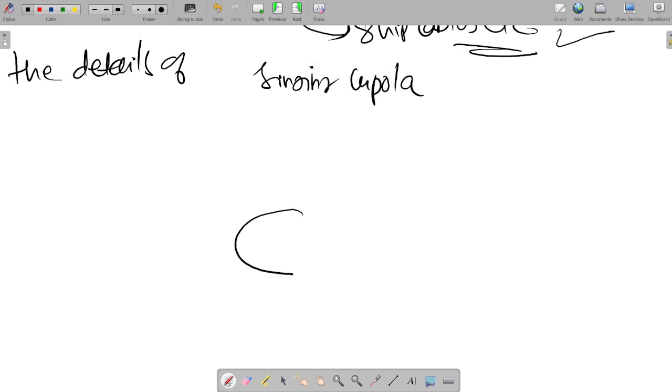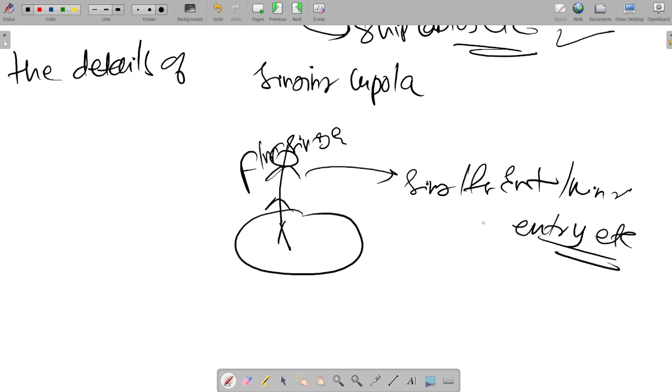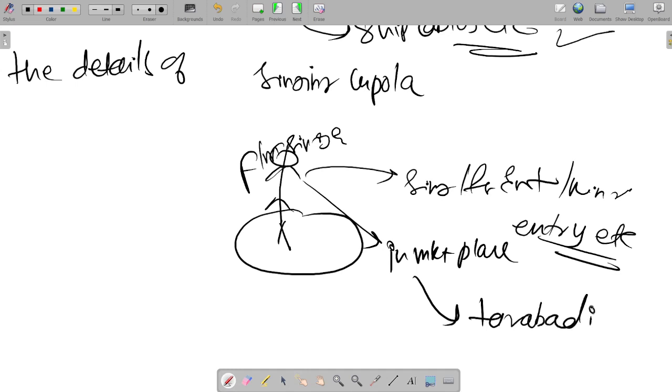Guys, this was a place where a female singer or male singer would stand on these types of platforms and sing for entertainment, king's entry, etc. These were also in marketplaces, and a place like this was called Tarabad in Daulatabad, Maharashtra.